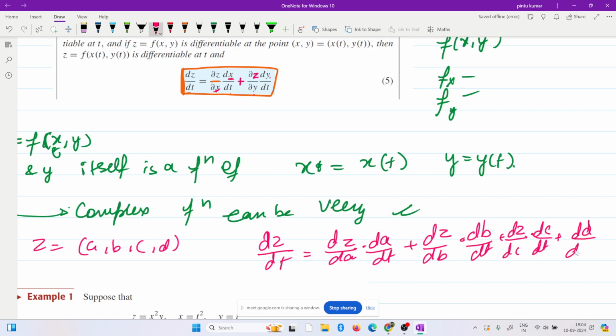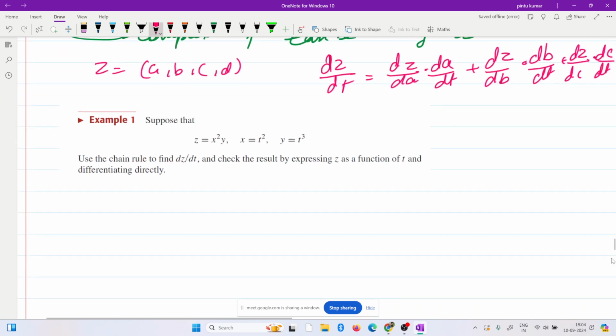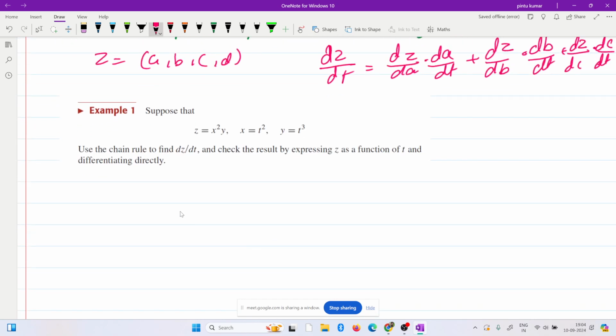D is not a great notation that I have chosen, sorry for that. So this is how you can operate on the chain rule.